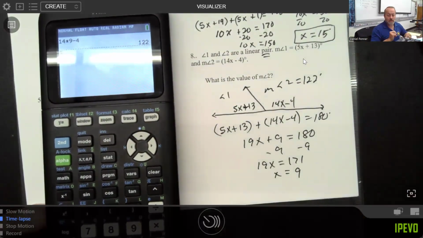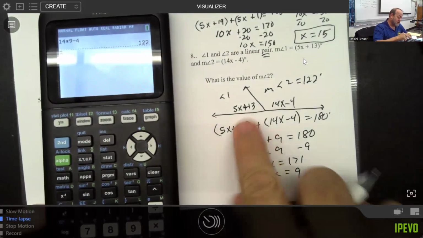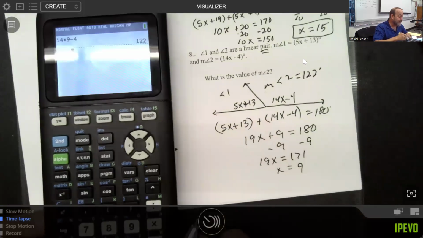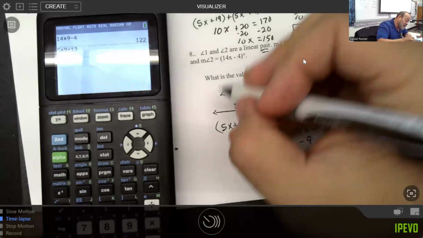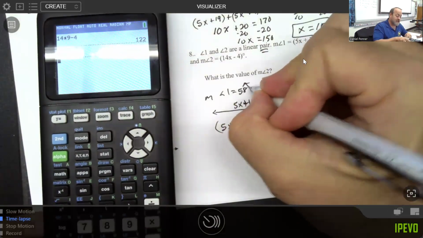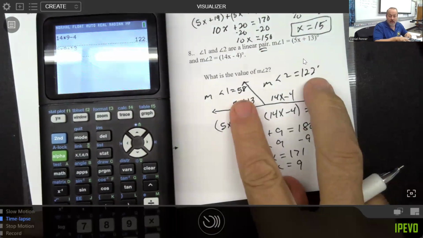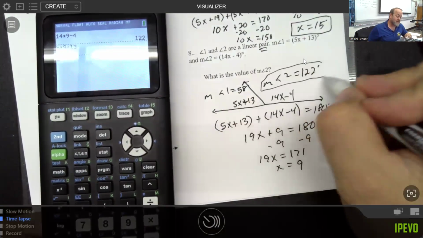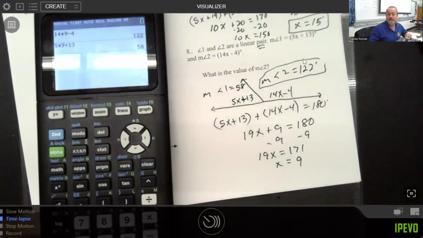I just usually don't. I go ahead and plug in the other one too, because 5 times 9 plus 13 is 58. It never asked me what angle 1 was, but I like to do that because now I can validate that those do, in fact, add up to 180. So I feel comfortable in my result of saying that the measure of angle 2 is 122 degrees.